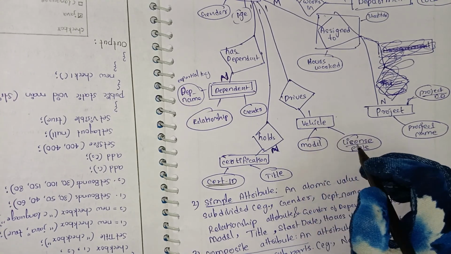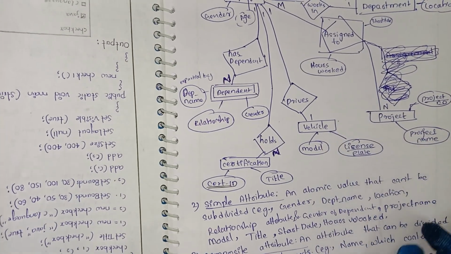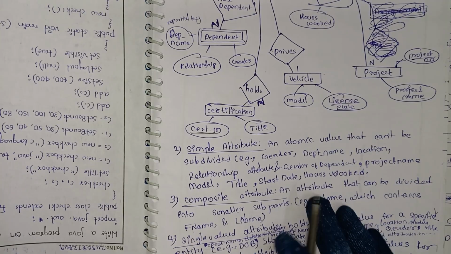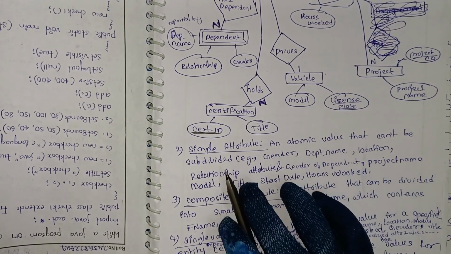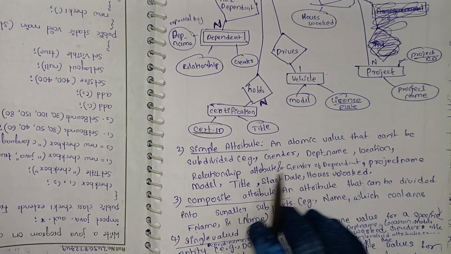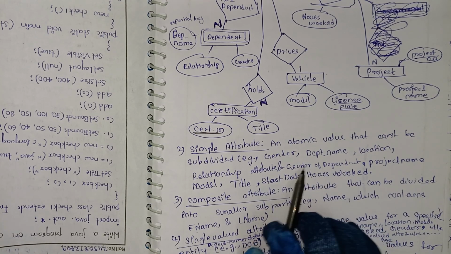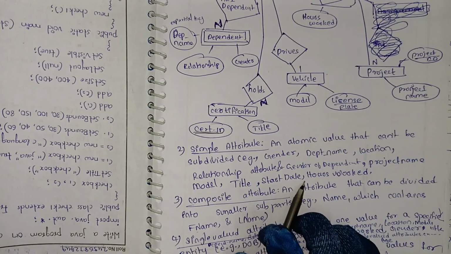Vehicle has a license plate as a primary key, and project has project number as a primary key.